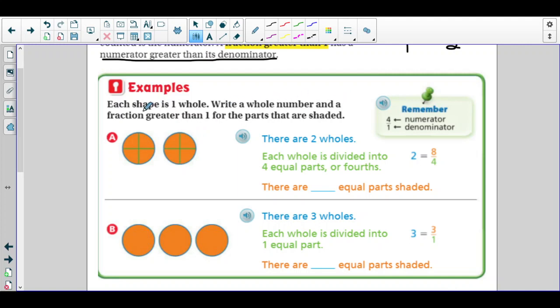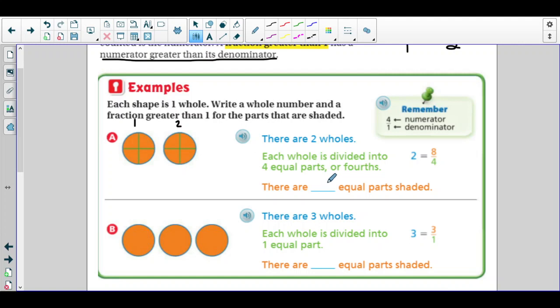Write a whole number and a fraction greater than 1 for the parts that are shaded. The whole thing is shaded, so there are 2 wholes. Each whole is divided into 4 equal parts. So 1, 2, 3, 4, 1, 2, 3, 4.